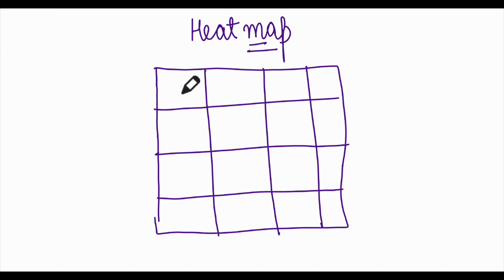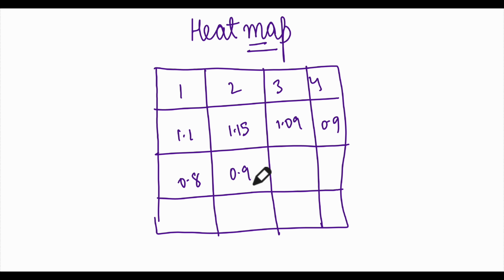So for example, let's fill this 1, 2, 3, 4. Let's say 1.1, 1.15, 1.09, and again 0.9, 0.8, 0.92, 7.6, and similarly 1 again, then 1.1, 1.05, 1.03, and 1.02.